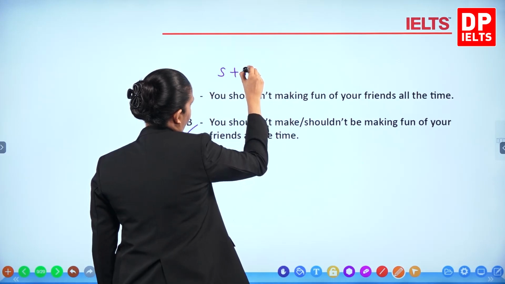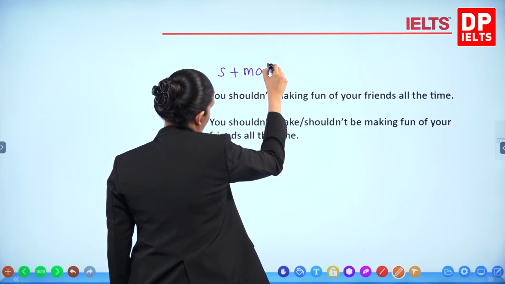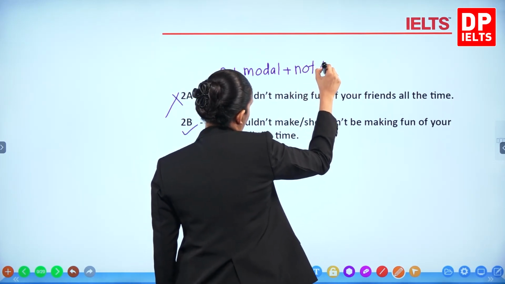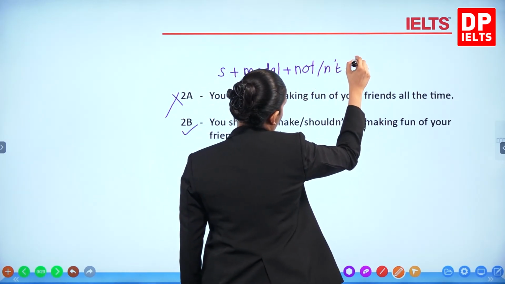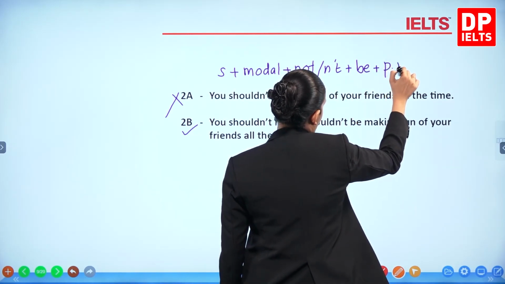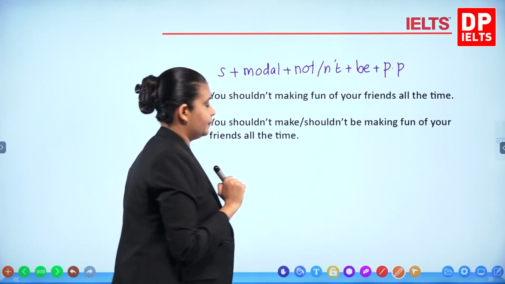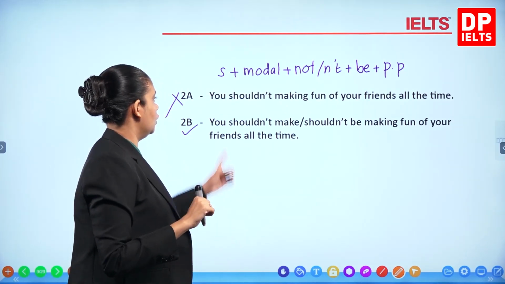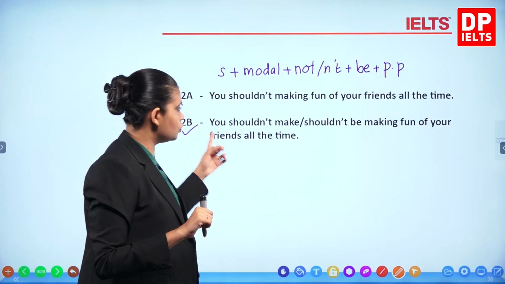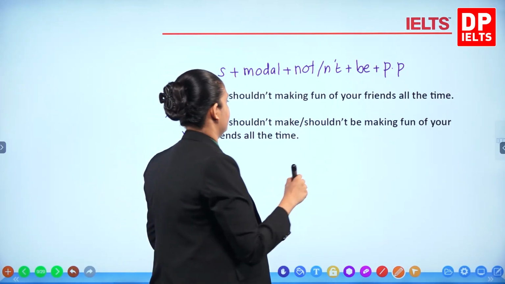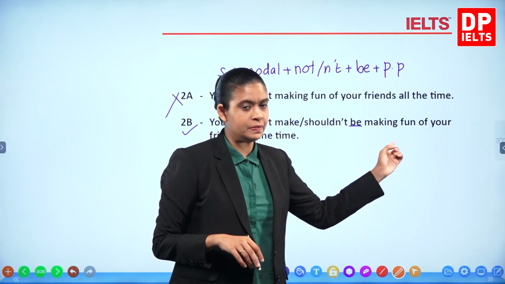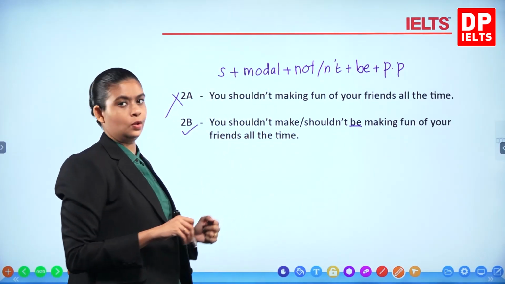Subject plus modal plus the negative form plus the be verb plus the present participle. So let's have a look at it. You shouldn't make or you shouldn't be making. Okay? You shouldn't make or you shouldn't be making fun of your friends all the time, right?